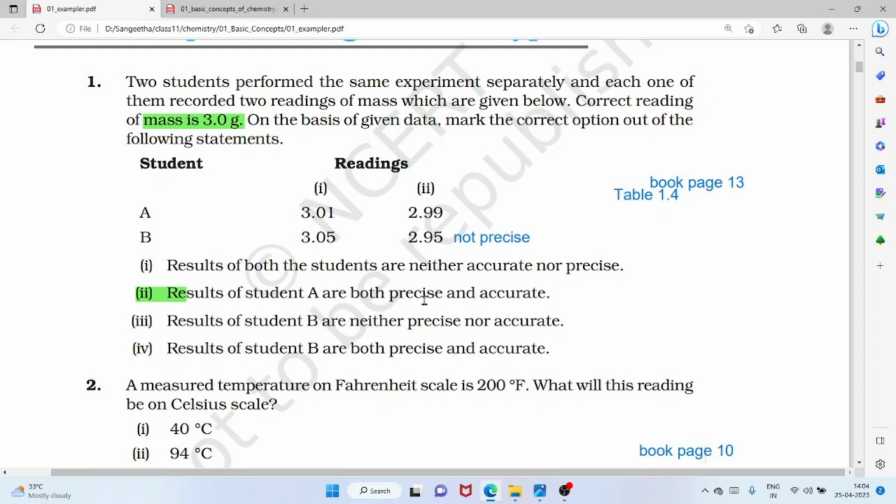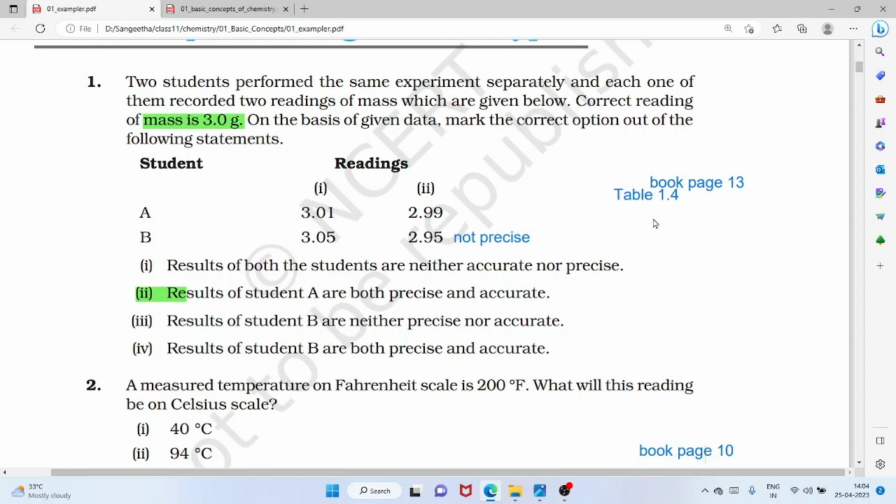Among these answers, the results of this student are both precise and accurate. It is accurate and also precise, because between these 2 readings the difference is 0.02 only. They are close to the actual reading of 3. So this is precise as well as accurate.